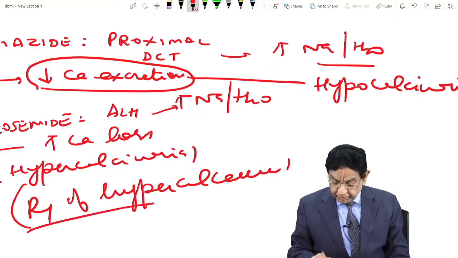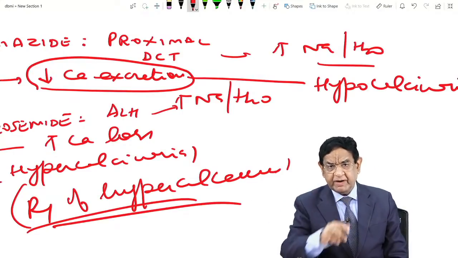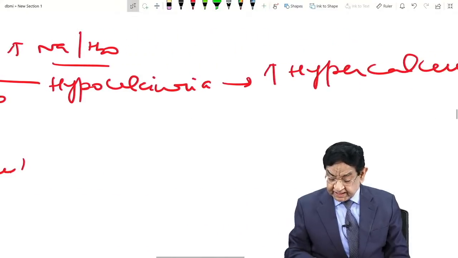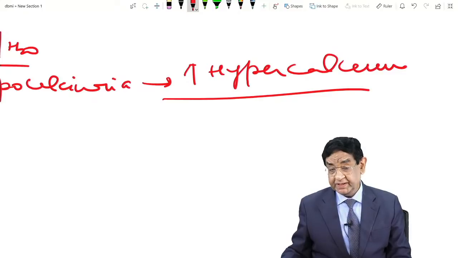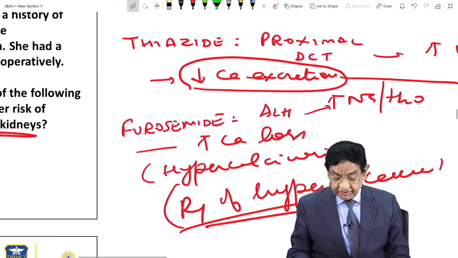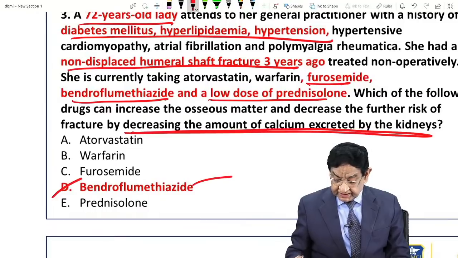Very, very important point. Furosemide is a treatment of hypercalcemia, and thiazide is a cause of hypercalcemia. So if we want to prevent osteomalacia or bony problems, we tend to use thiazide.